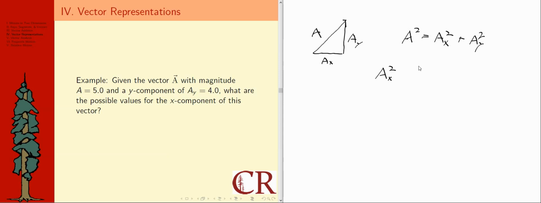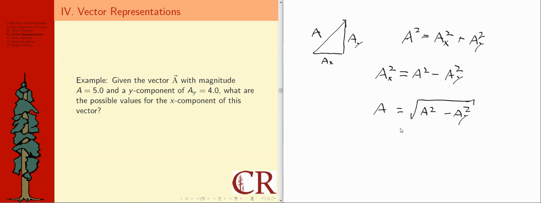So a sub x squared, if I subtract a sub y squared from both sides, should be equal to a squared minus a sub y squared. And so if I square root both sides, I would get a is equal to the square root of a squared minus a y squared.